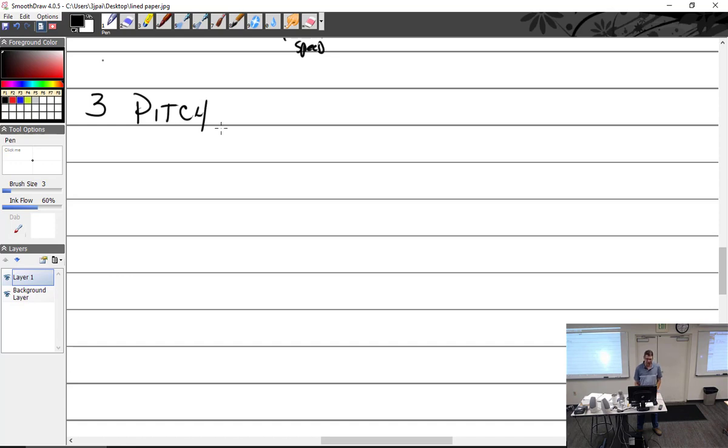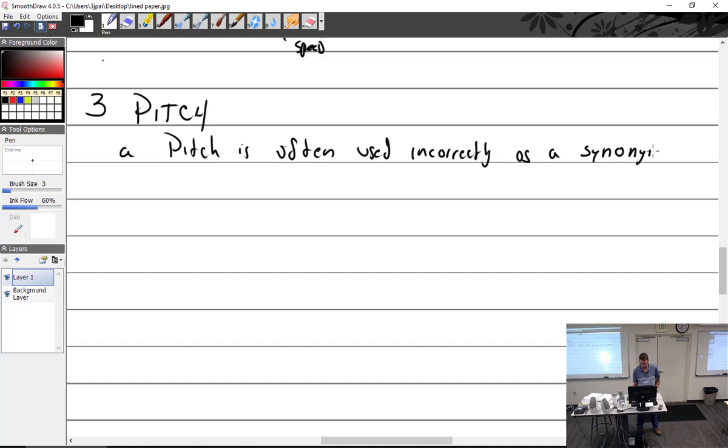The first thing I have to say about pitch is that it is often used incorrectly as a synonym, which means the same thing, as a synonym for blade angle. But that's not correct.